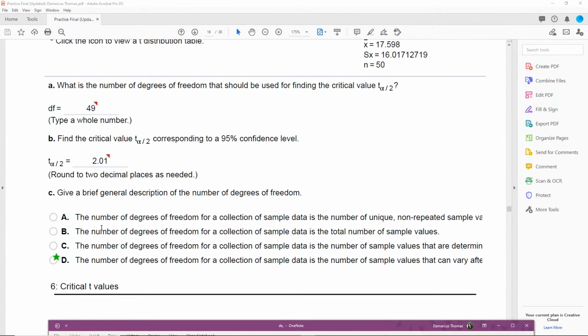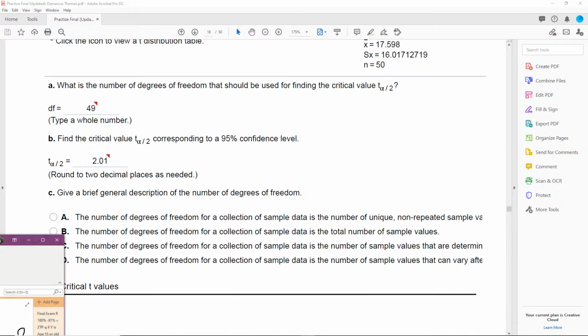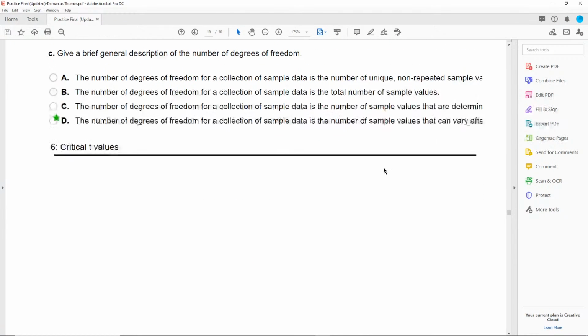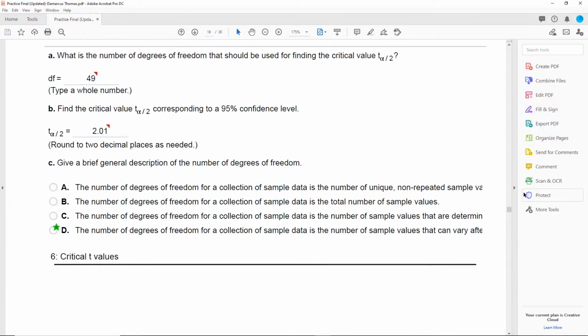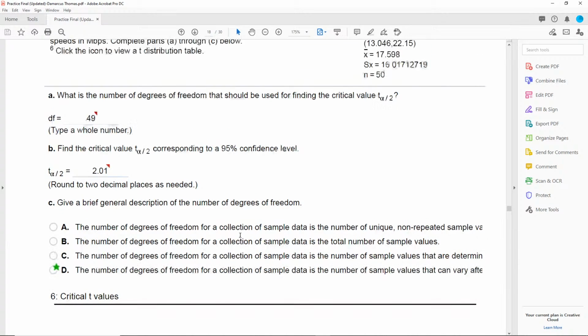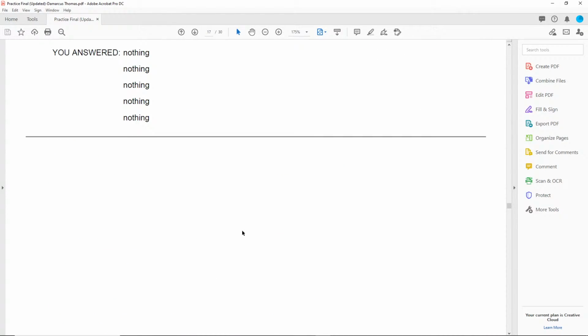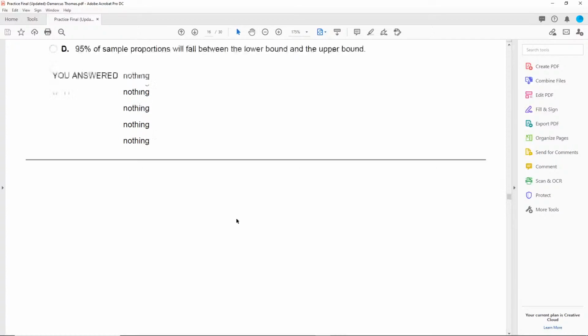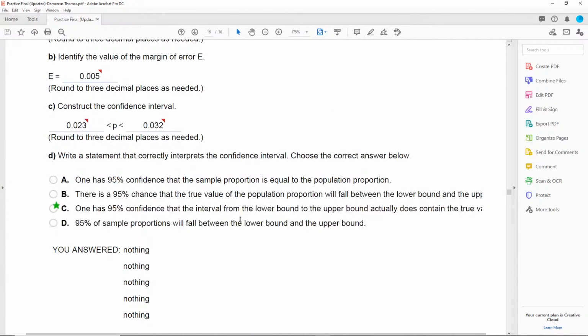It looks like it's kind of cut off. I don't know why it's cut off, but the number of degrees of freedom for a collection of sample data is the number of sample values that can vary after a certain restriction. They cut it off, so you can't really read it all, but that would have been the answer.